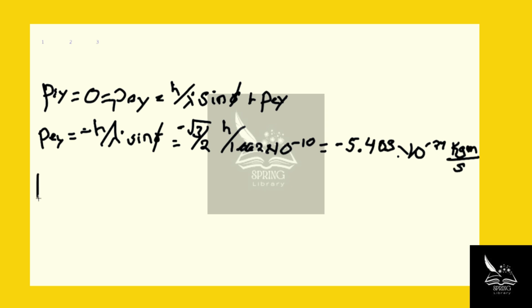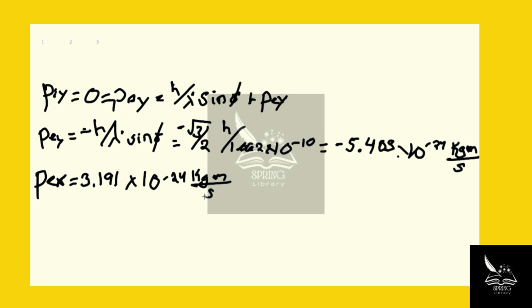I'll just rewrite the x component, which was 3.191 times 10 to the negative 24 kilogram meters per second.